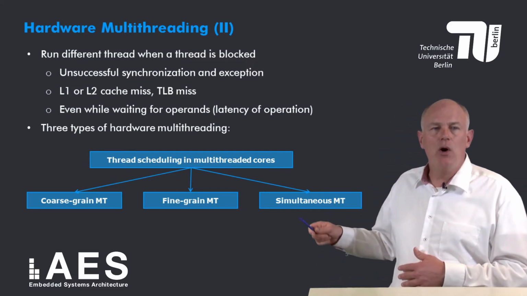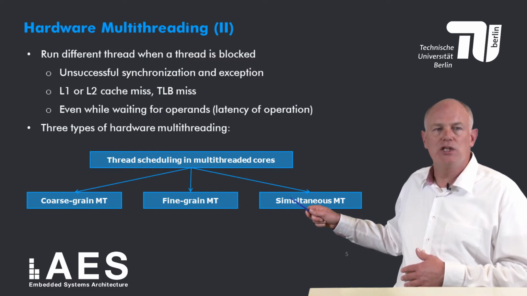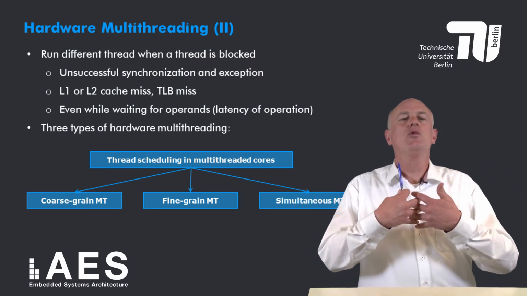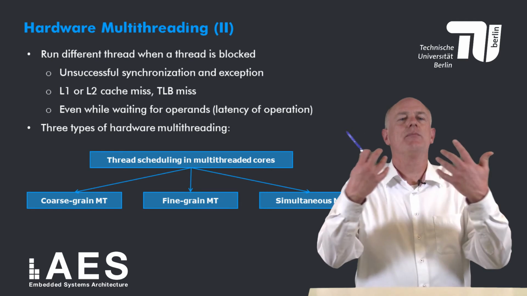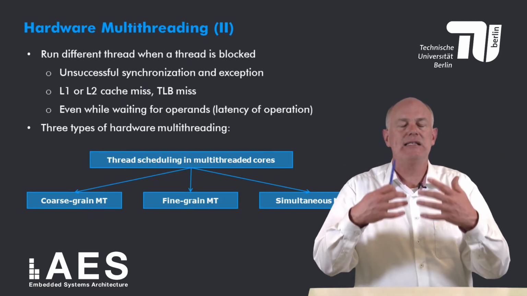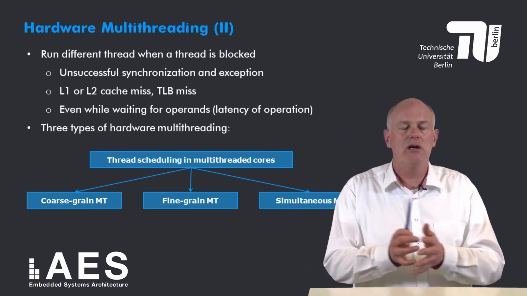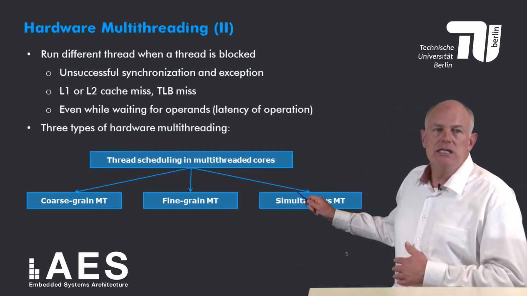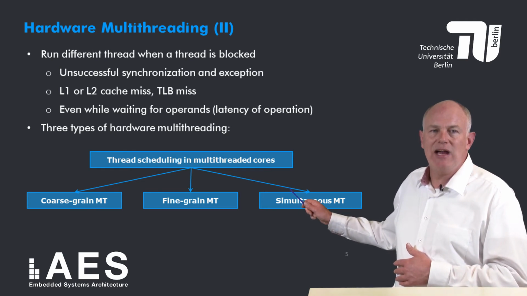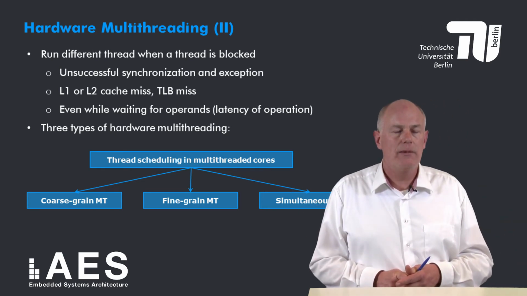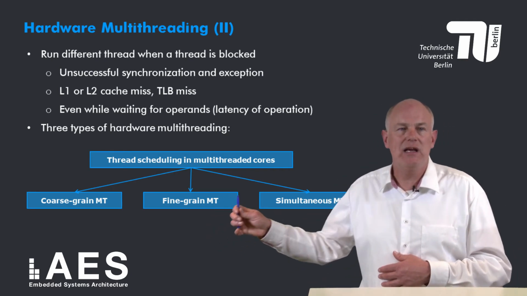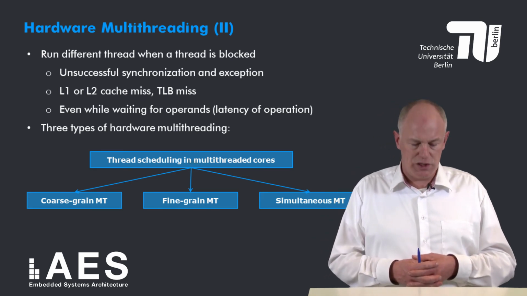And finally, the most advanced multithreading approach is simultaneous multithreading, called hyperthreading by Intel. Then we try to issue instructions from different threads at the same time to different functional units, like we do already in a superscalar core. Simultaneous multithreading matches very well with a superscalar core. I will discuss in the lessons to come each of the three different hardware multithreading approaches in turn.